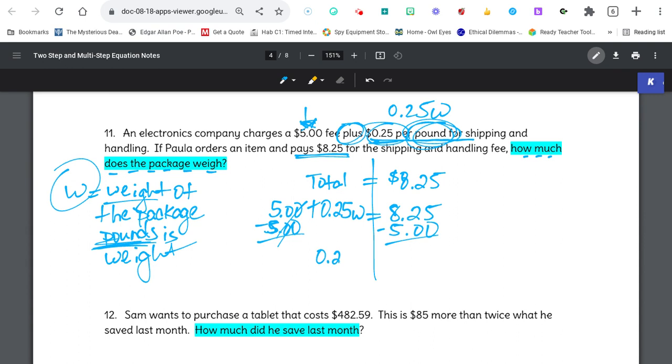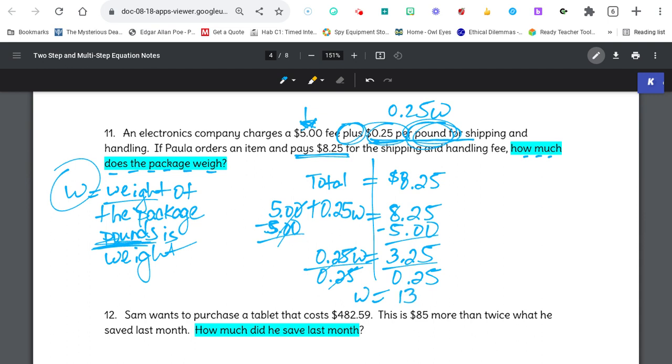So we're looking at 25 cents W equals 325. And then I am going to get rid of the number that's attached to the variable by dividing because it's multiplication. So I'm going to undo with division, and we don't change the sign when we multiply or divide. So W equals, how many quarters make 325? 13.